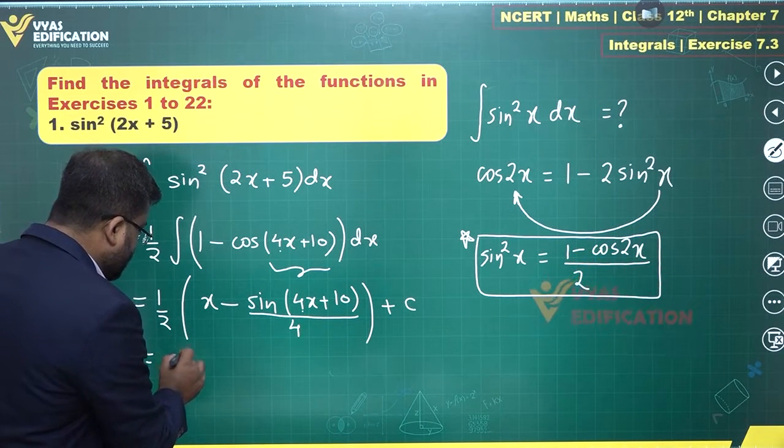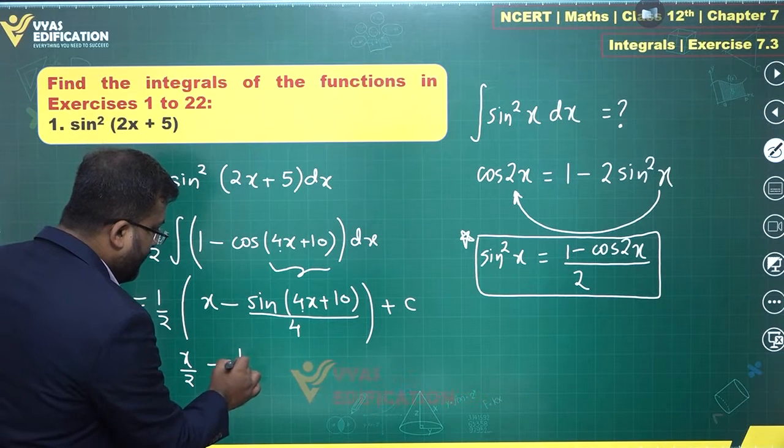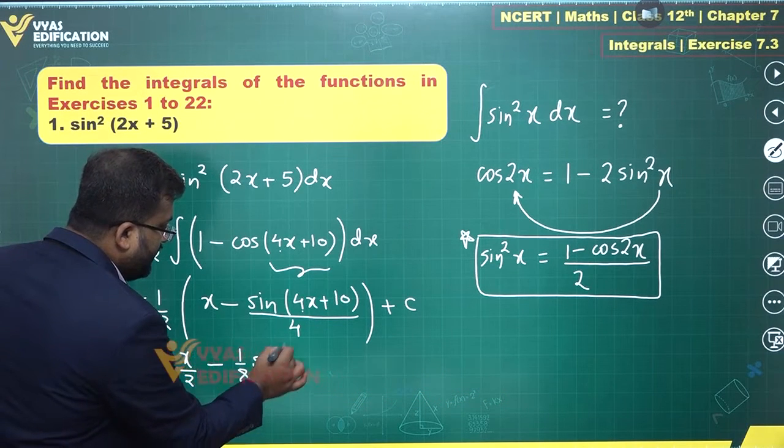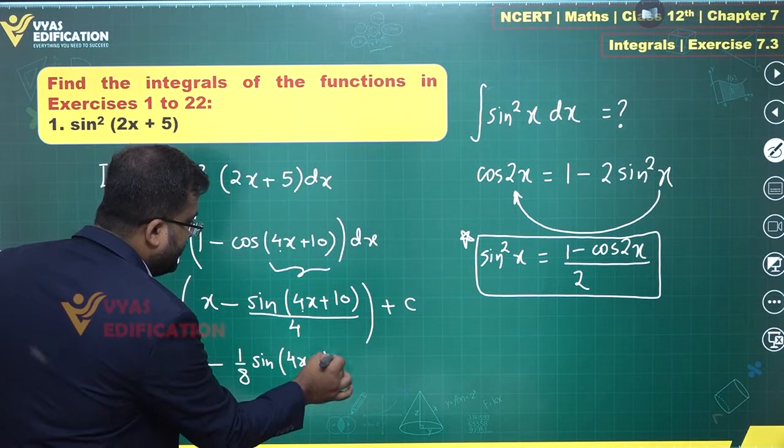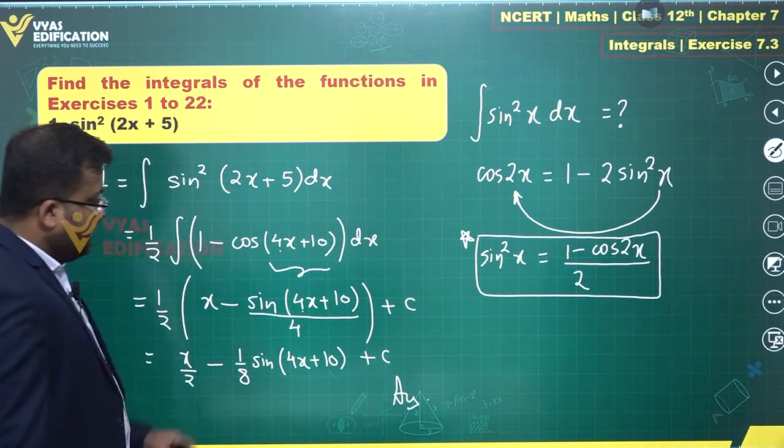Let's simplify this further. This is actually x by 2 minus 1 by 8 sine of (4x plus 10) plus constant, and that is the required answer for this question.